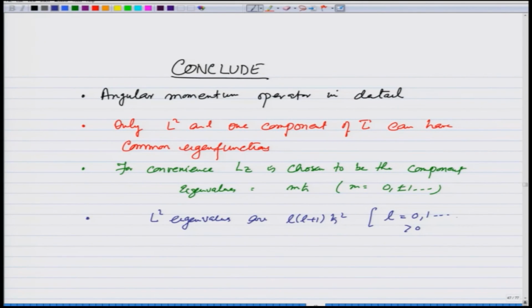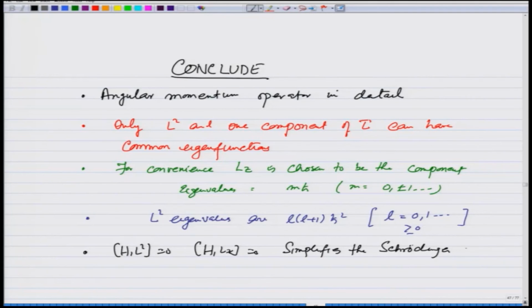This is greater than or equal to 0, and L square and Lz have common eigenfunctions that we have already decided, and this simplifies the Schrodinger equation for spherically symmetric systems.